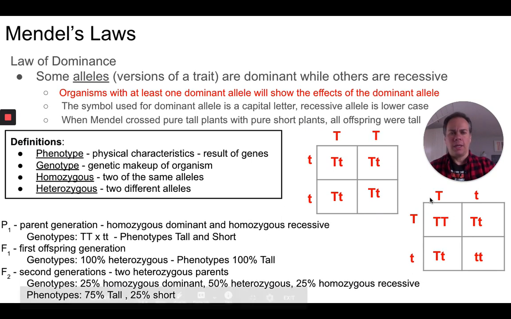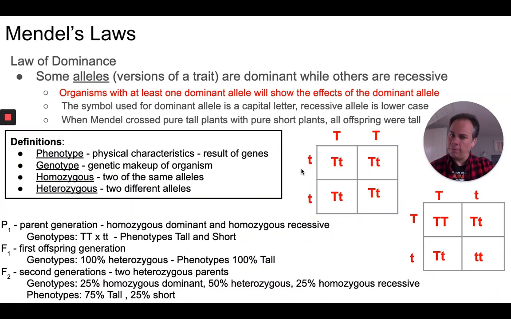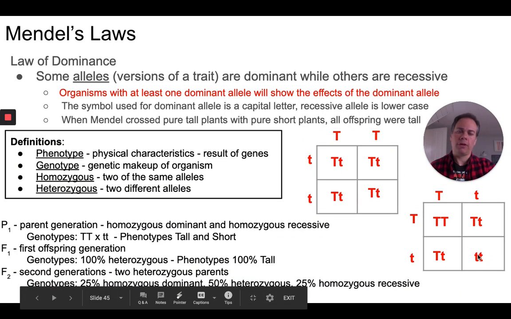So the short alleles that were present in this parent, they were not shown in the offspring, but they were shown 25% of the time in the next generation.